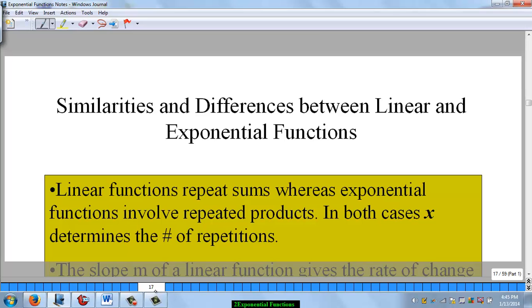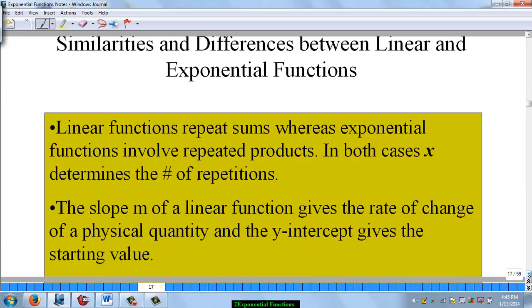Now, let's look at some more similarities and differences. Linear functions repeat sums, which I just told you, and in both cases, x determines the number of repetitions. So let's do this. We have linear, okay, and linear has b as my y-intercept, and I have y equals b plus mx, and the slope is your constant value that's repeated.